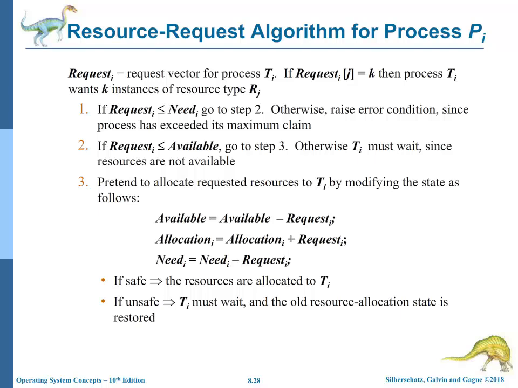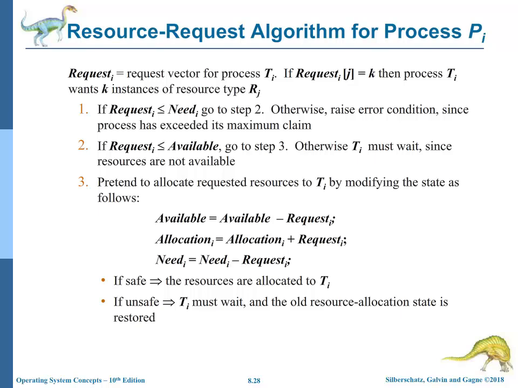Step 3: Have the system pretend to have allocated the requested resources to thread Ti by modifying the state as follows. Subtract the request from the Available array, add the request to the Allocation array, and subtract the request from the Need array.